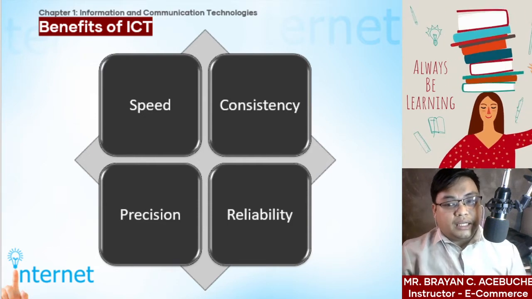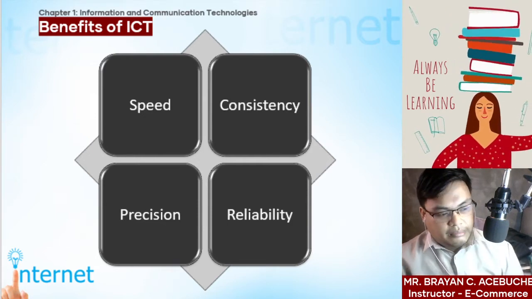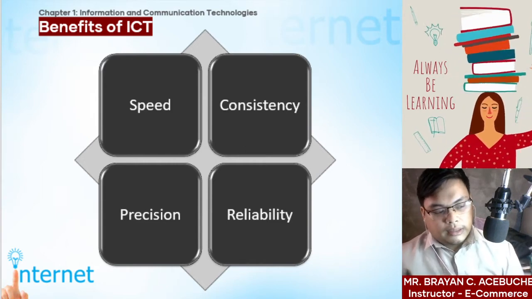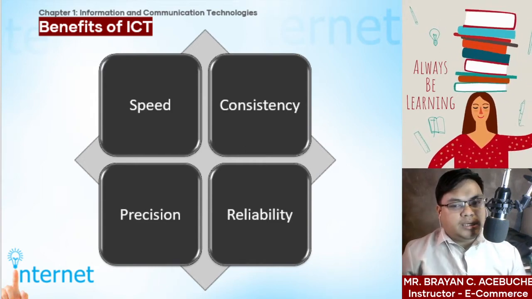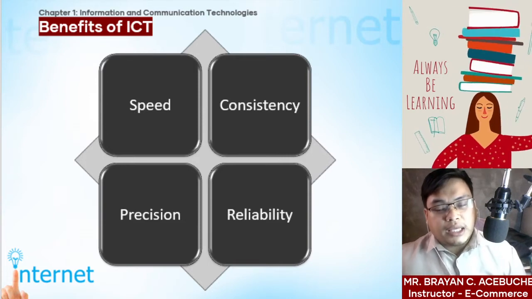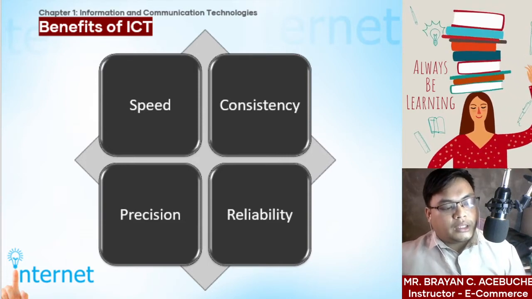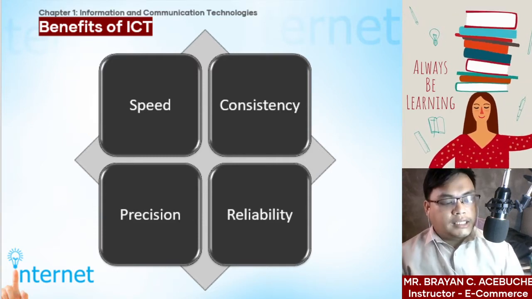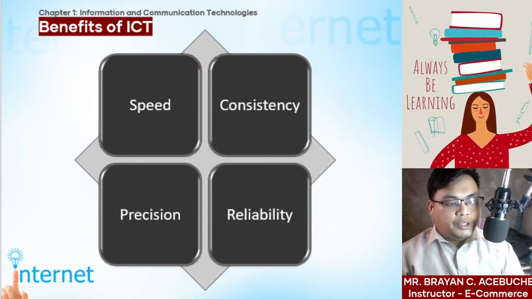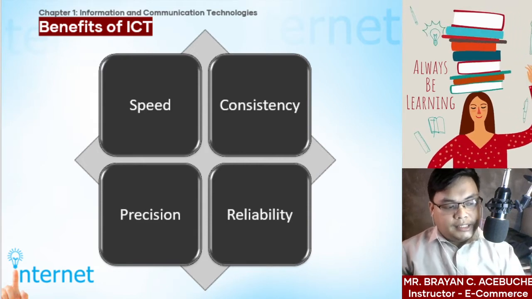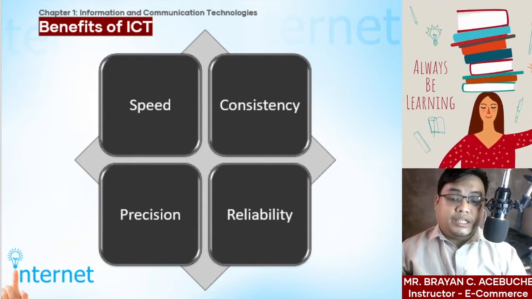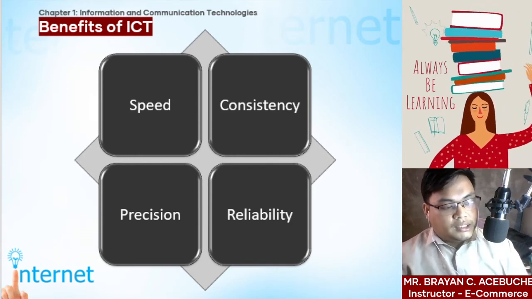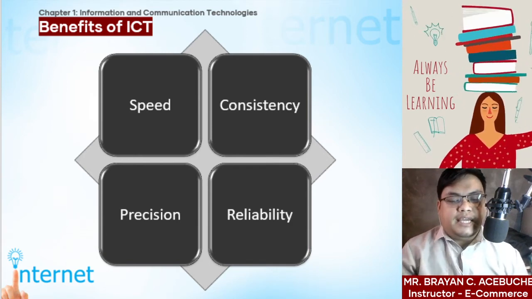So, minsan nagsasuffer yung quality. Minsan nagsasuffer yung content. So, with the use of ICT, ang ICT naman ay precise when it comes to this matter. So in addition to being fast and consistent, computers are extremely precise when given specific instructions. They can detect minute differences beyond what the human eye can see.